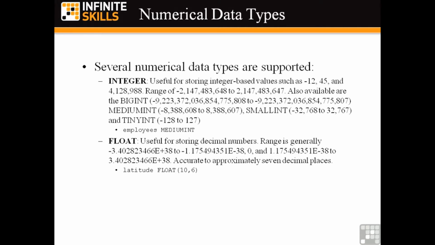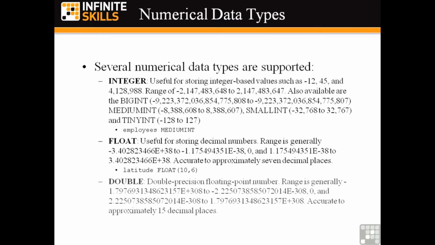So notice how this example defines a column used to store the latitudinal component of a set of geographical coordinates. In this example, we pass in 2 values to the float specification. The first number, 10, determines the total number of digits found in the number. The second number, 6, determines the total count of digits found to the right of the decimal point.